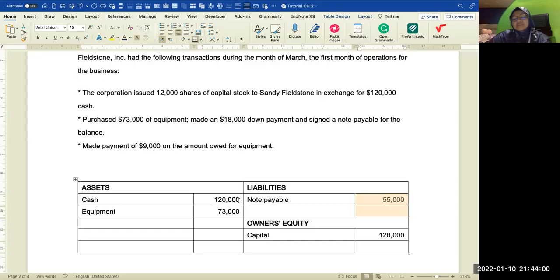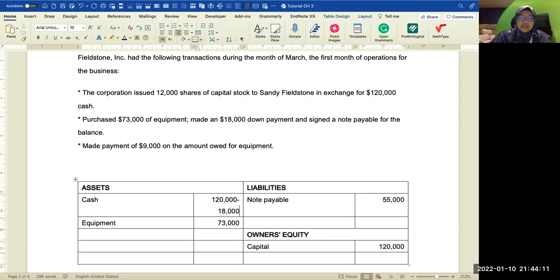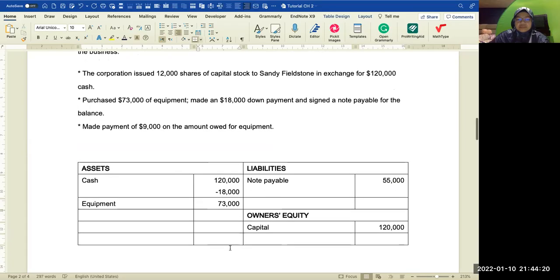And about cash, cash will be deducted by 18,000, so I put minus 18,000. Next, made payment of 9,000 on the amount owed for equipment.